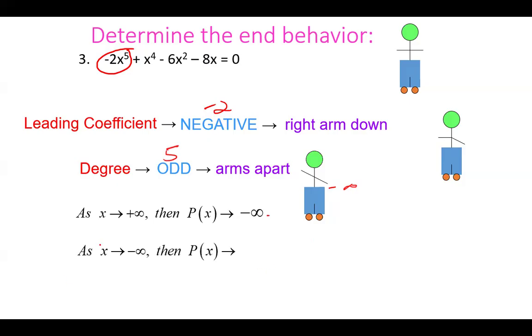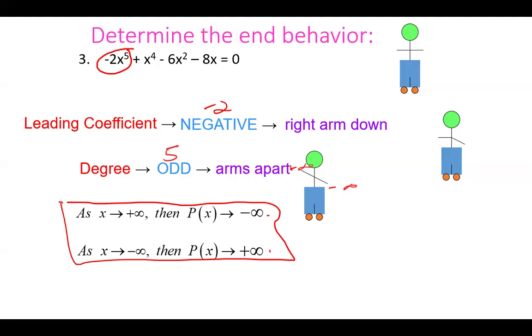Sentence 2, as x goes towards negative infinity, which means we're looking at our left side, then p of x is heading towards where? What is Bob's left hand heading? It's going up, so it's heading towards positive infinity. And that's our second sentence. So that is our answer.